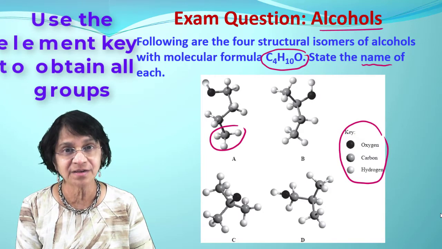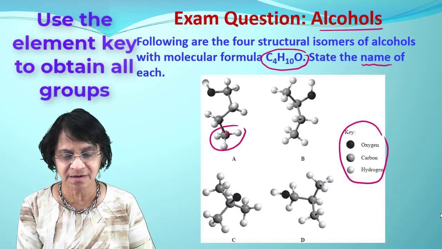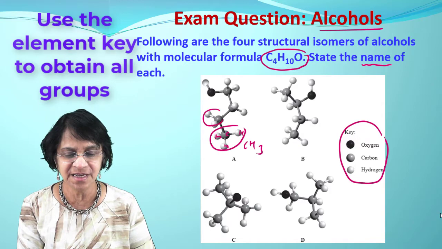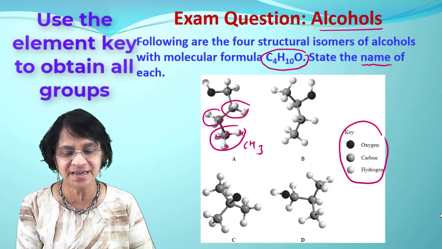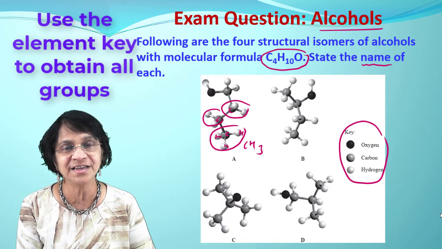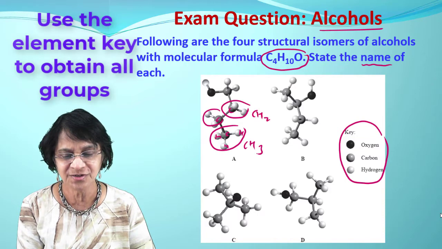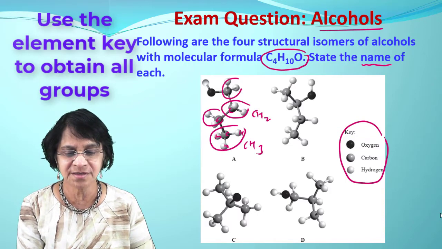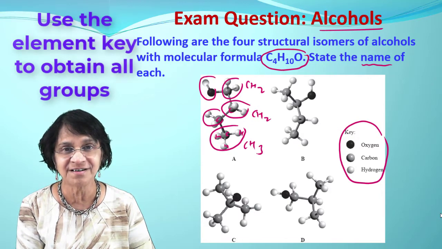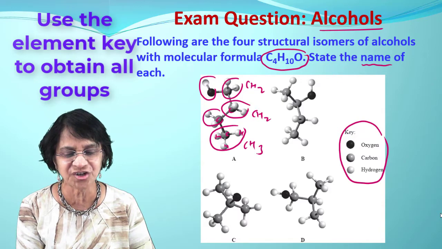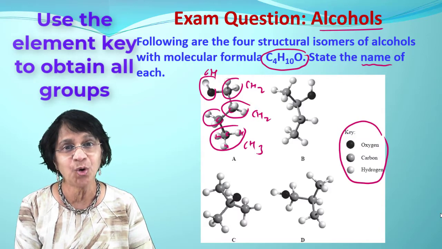For example, this group here is carbon attached to all hydrogen. That means it is CH3. These two groups, if you see clearly, are carbon and then two hydrogen, so it's CH2. This is the same CH2, and this, the darker color sphere, is oxygen, so this group must be OH.